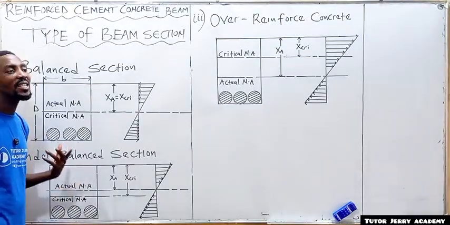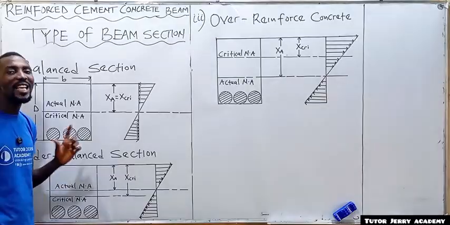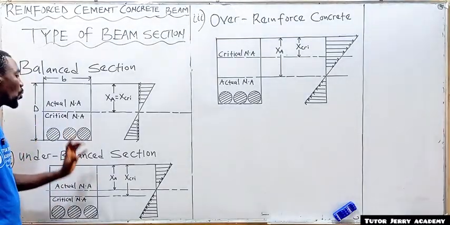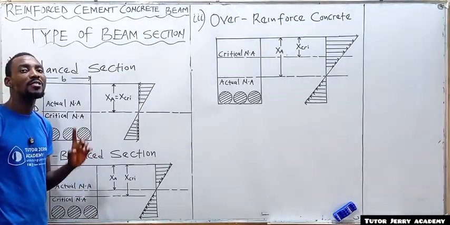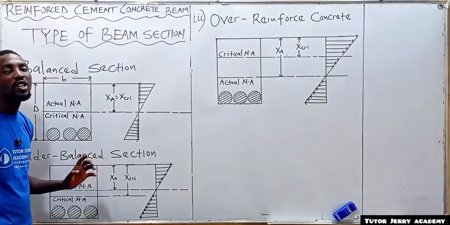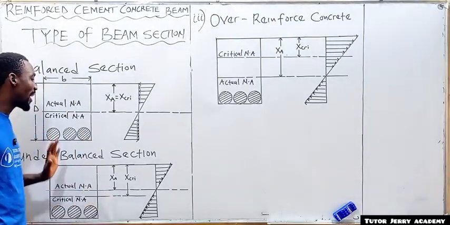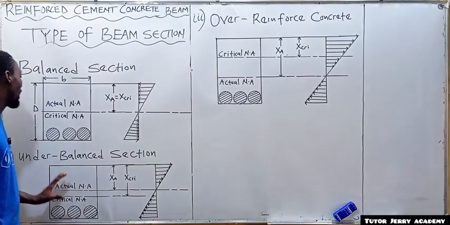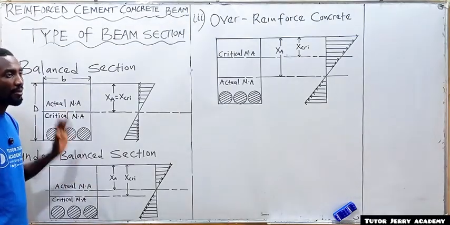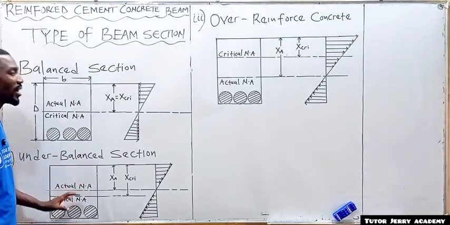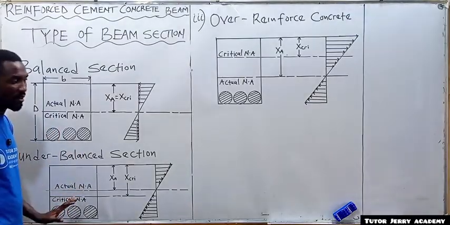And another thing is that the failure of steel takes place prior to the failure of concrete. Is that clear? And another thing you need to note here is that this type of failure is also known as ductile failure. Is that clear?